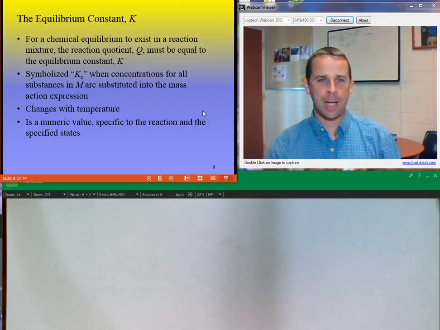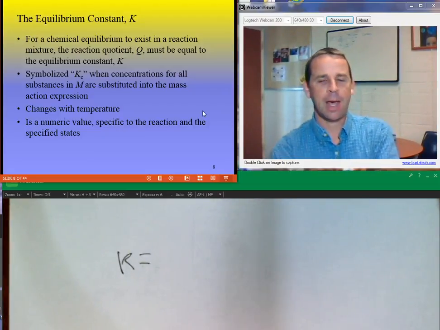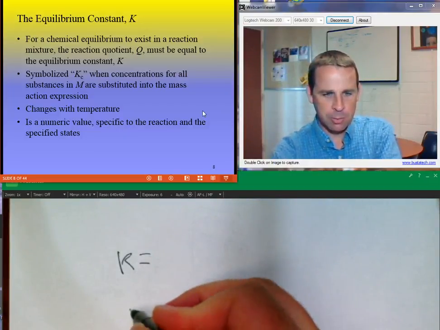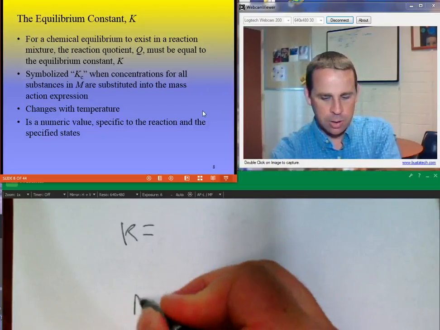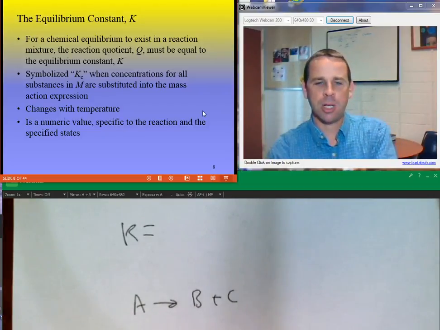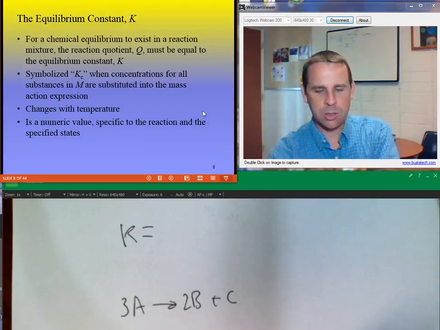Okay? And again, K is an expression of concentrations. For example, if I have a chemical reaction here where I have A going to B plus C, some sort of decomposition reaction, all right? Maybe I'll throw in some coefficients here.